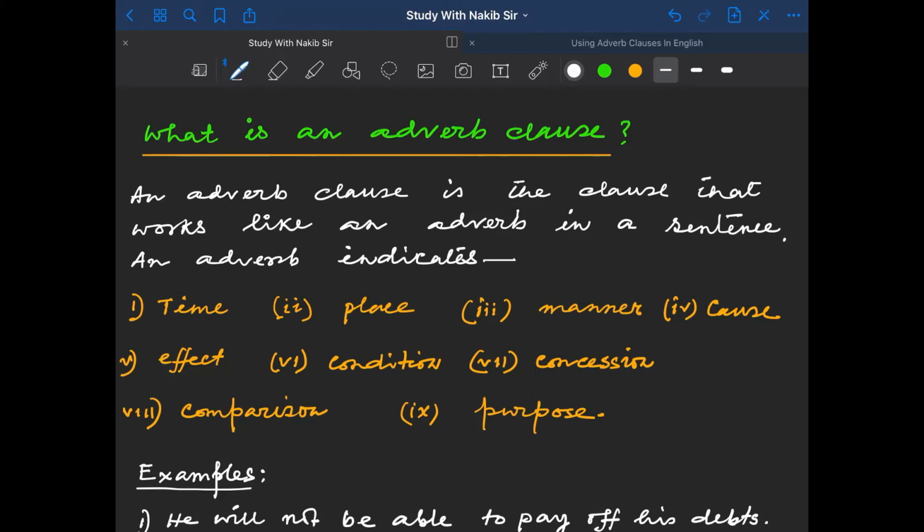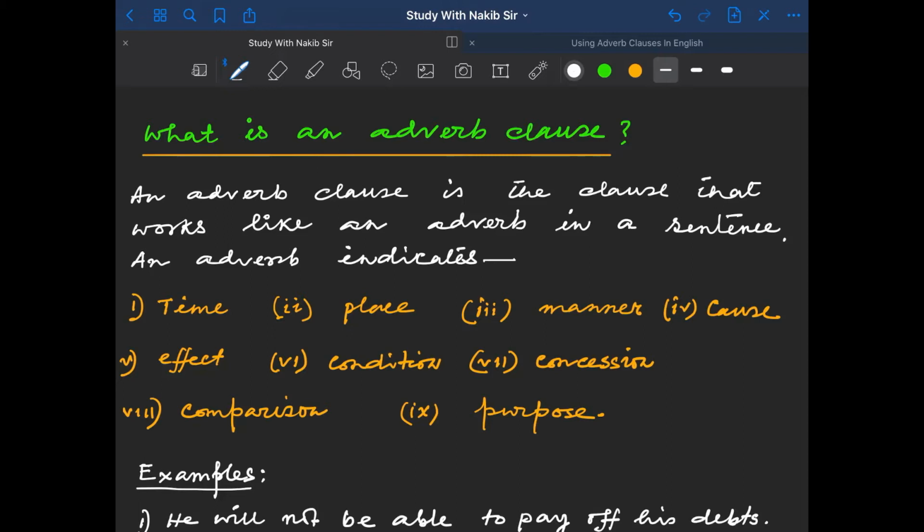An adverb indicates time, place, manner, cause, effect, condition, concession, comparison, and purpose. You have learned all this in part 7 of this lesson series. Every point is supported with an example there. If it is necessary for you, go to part 7 for a while and revise your adverb clause one more time.